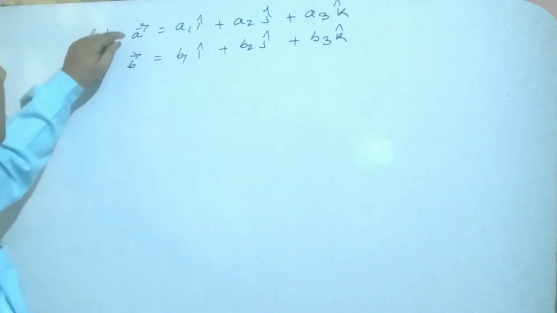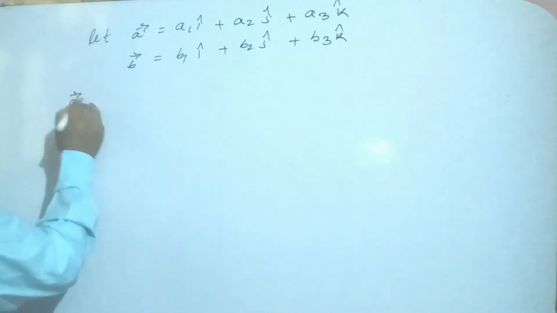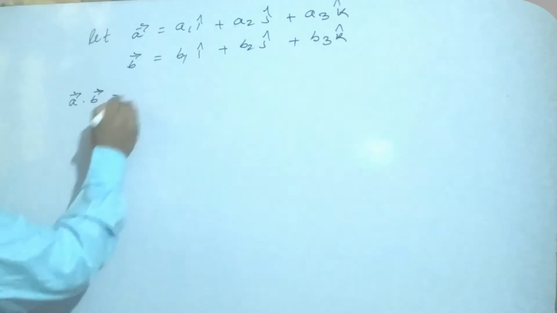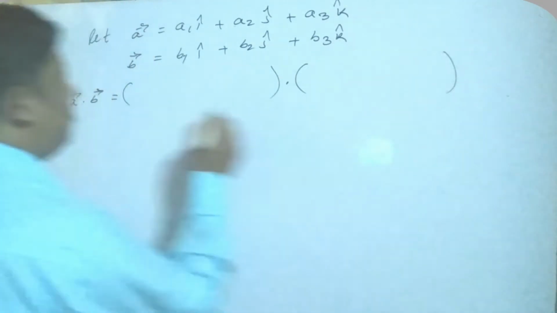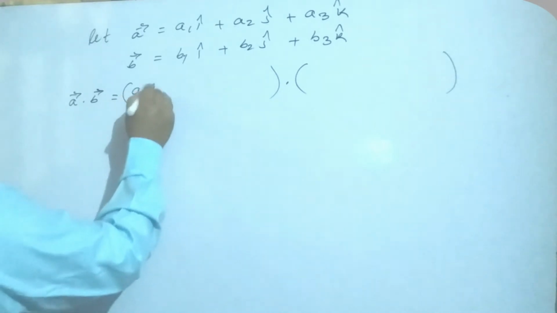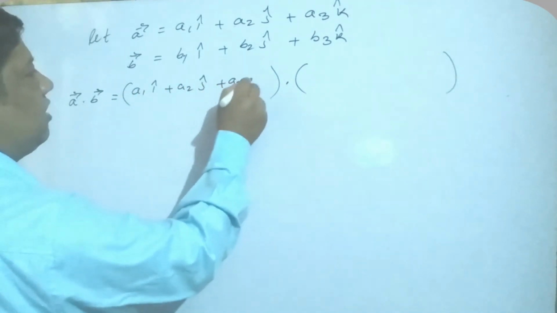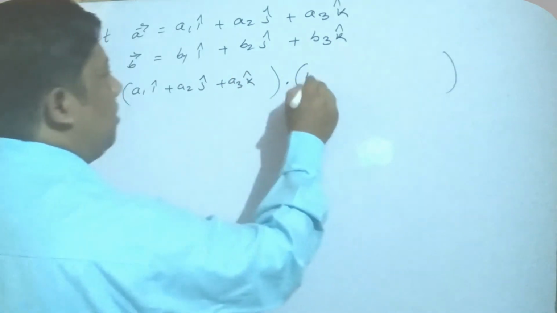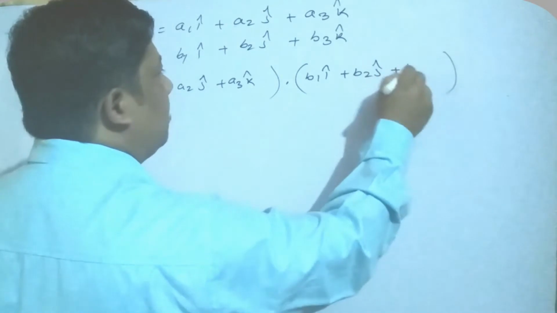If A and B are given, and you want to find A dot B, then look at this friends, A and B, if we write inside the bracket A1i, A2j, A3k. Next vector is B1i, B2j and B3k.